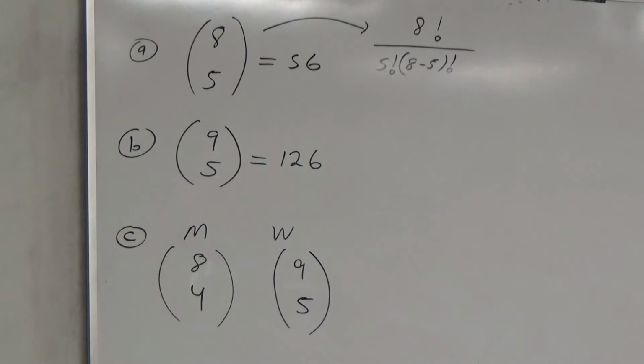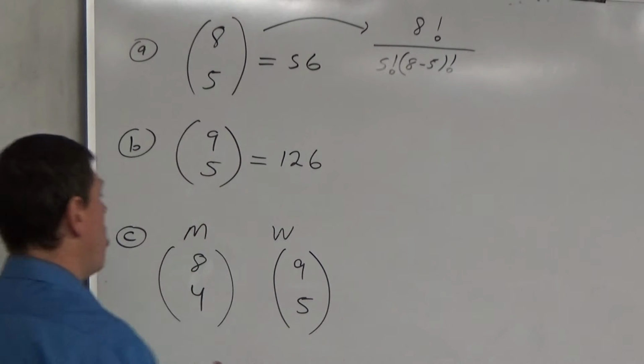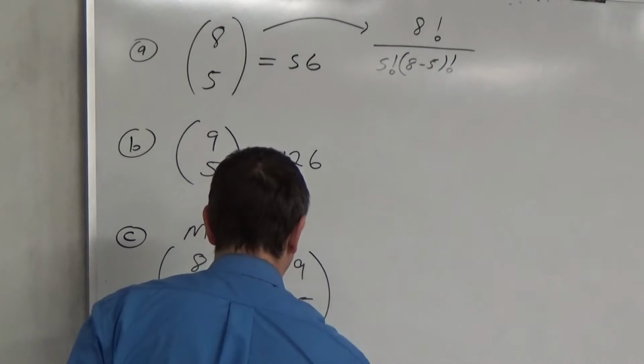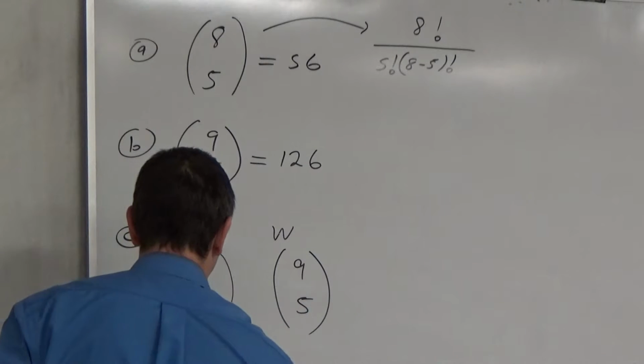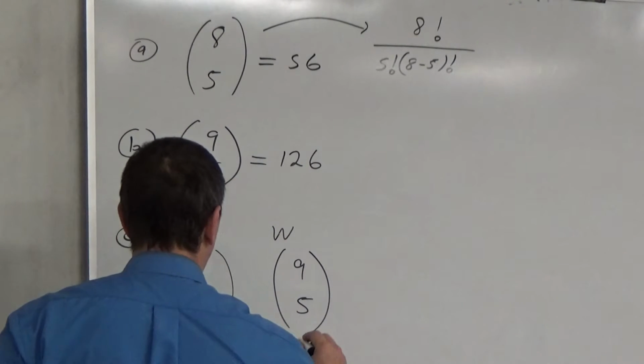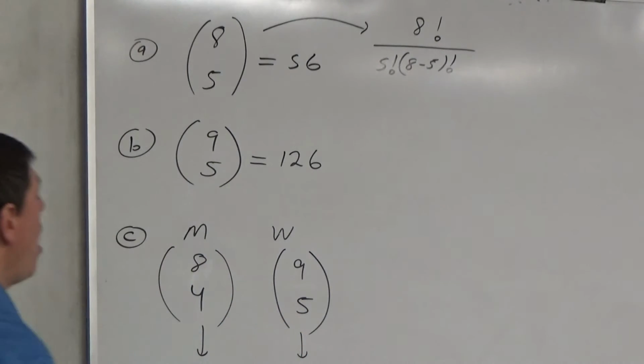Now my question to you guys is, we can go in our calculators and figure these out, right guys? 9 choose 5 we already know is 126. And then 8 choose 4, if somebody can go in their calculator and tell me, was it? 70, thanks Greg. So these are just from the calculator. But my question to you guys is, what do we do with those 2 numbers? Multiply. We're going to multiply them, right guys? How come? Multiplication rule.